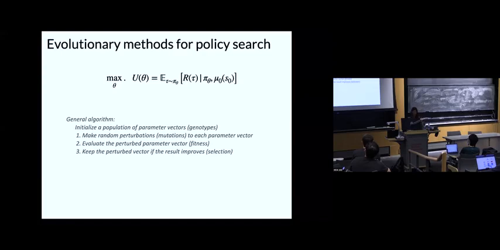All right. So look at the terminology we use: genotypes, mutations, fitness, and selection. This is precisely the terminology used in evolution, and that's exactly why we call these evolutionary methods. This is much like what nature does. We have particular genes that are mutated, and the best ones survive and the others go away.